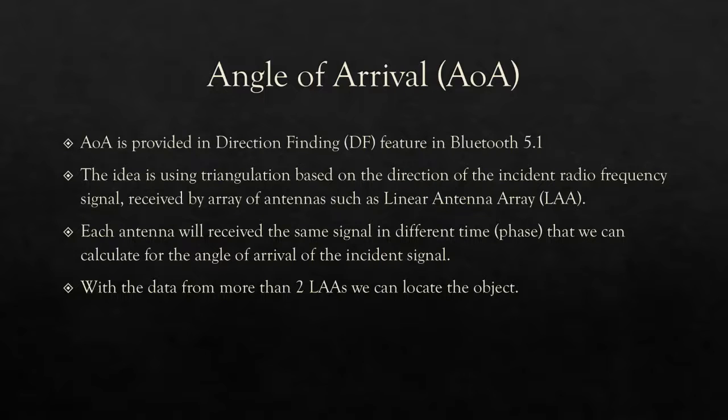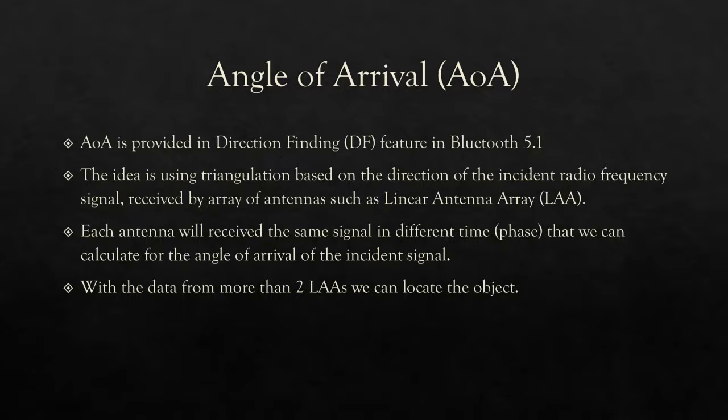So the angle of arrival is provided in the direction finding feature in Bluetooth 5.1. The idea is using triangulation based on the direction of the incident radio frequency signal received by an array of antennas, such as a linear antenna array or LAA.